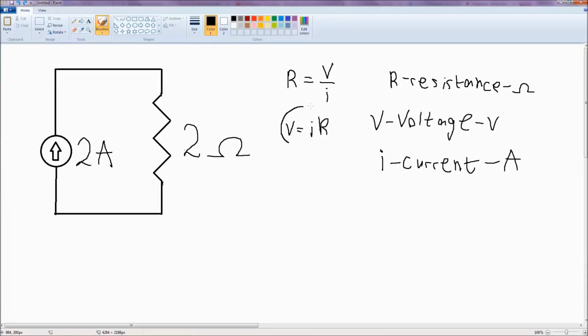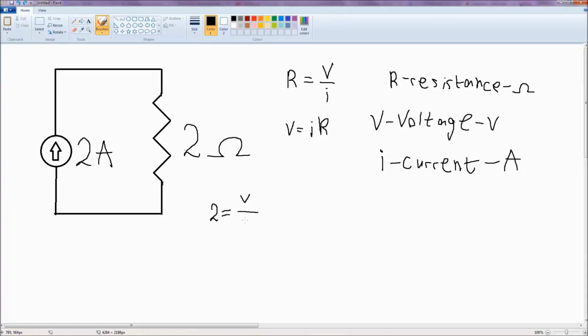If you don't want to memorize 3 kinds of arrangements, you can just, for example, we have 2 amperes, right? So let's start with resistance. So I have 2 equals voltage, which we don't know, divided by the current, I, amperes.